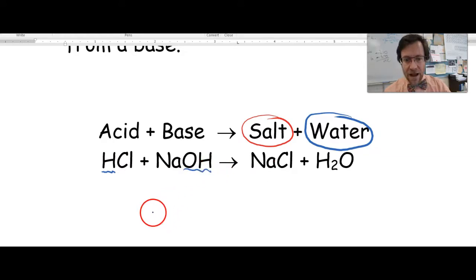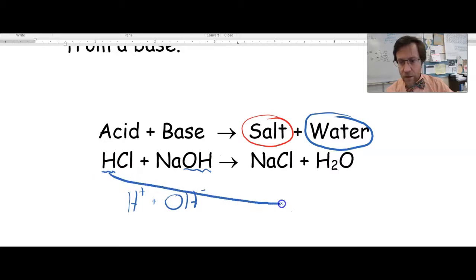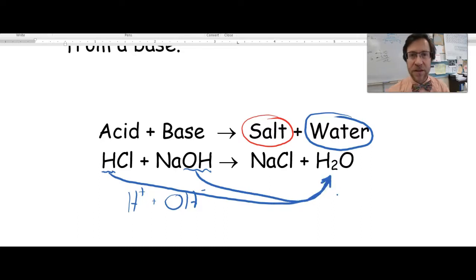And any time a hydrogen ion can come near a hydroxide ion, they are going to make one of the most stable compounds in the entire universe. So these things are going to make water. Why? Because it is the most stable thing there is.